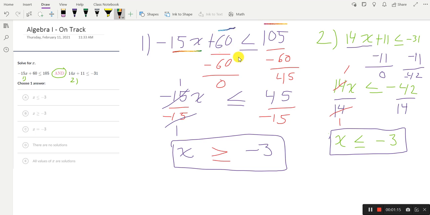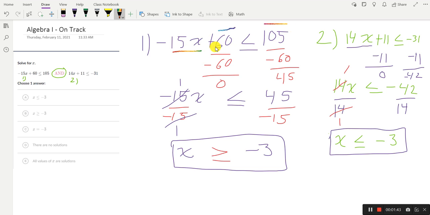What we always try to do when we are solving for x is have x alone. So you want to get rid of all these numbers that are either being multiplied by x, added to x, or subtracted from x, so that x is alone.